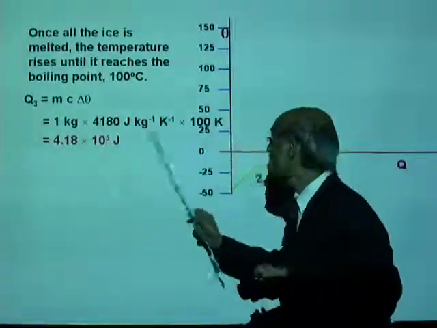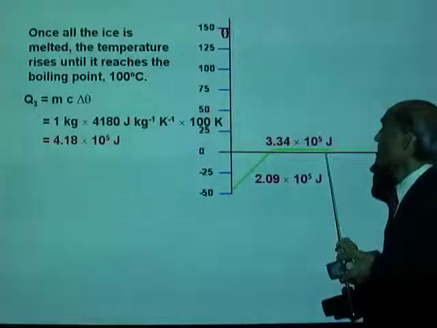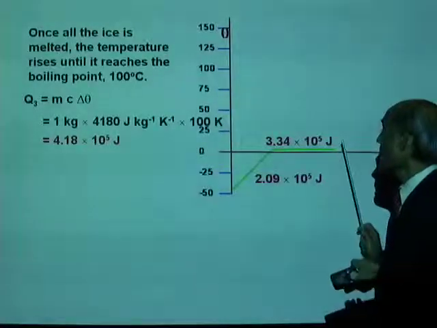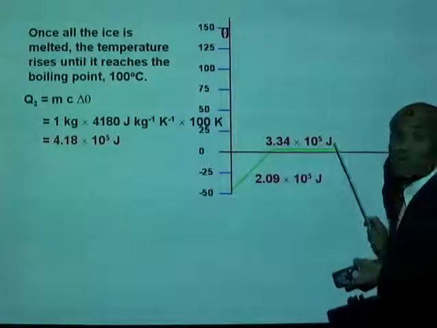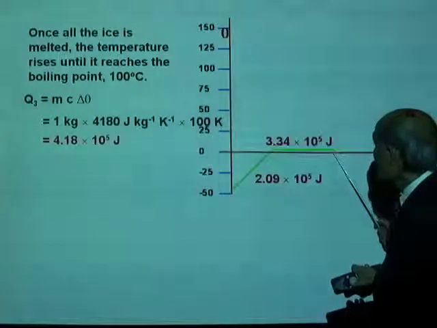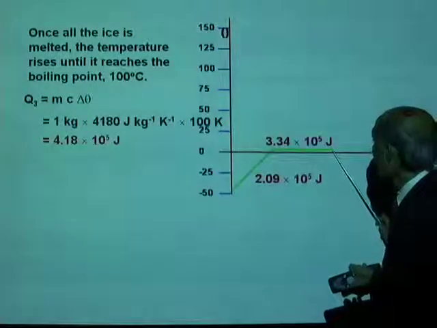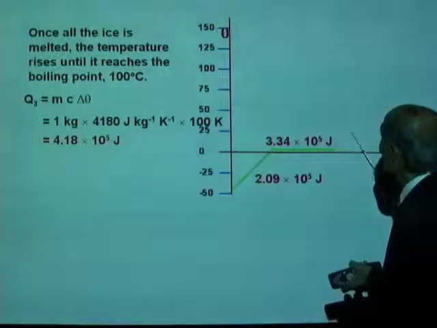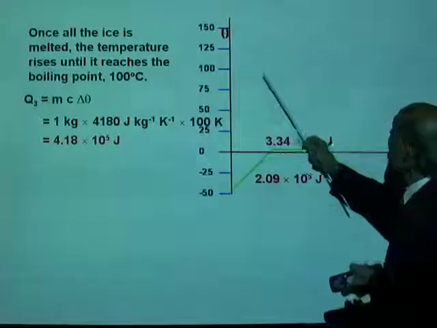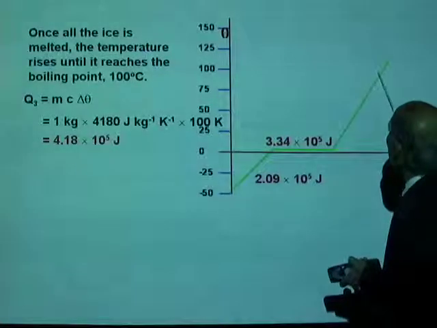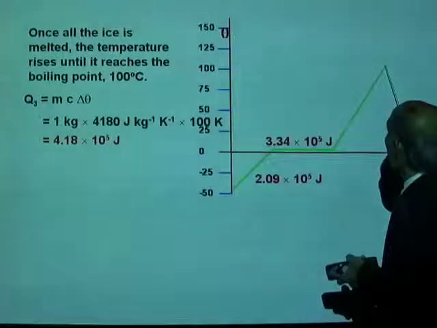Can you represent this on this graph? Well, it will be represented by this, where all the water at 0 degrees, its temperature will increase until the temperature reaches 100 degrees. There you are.